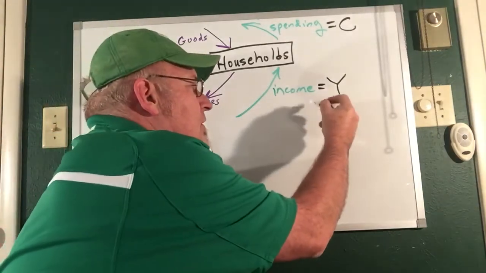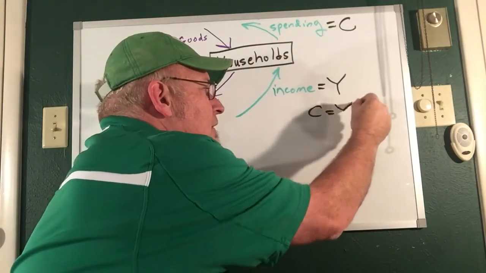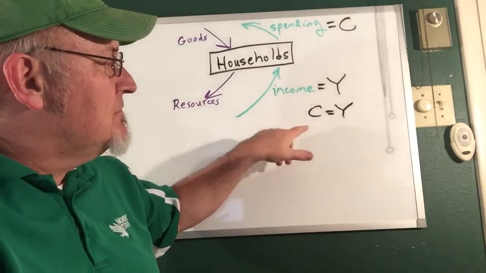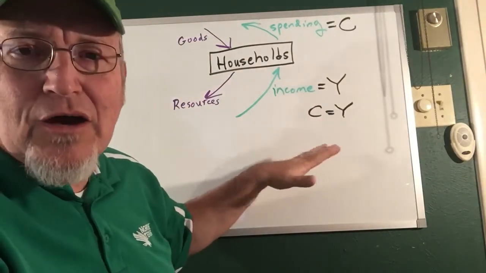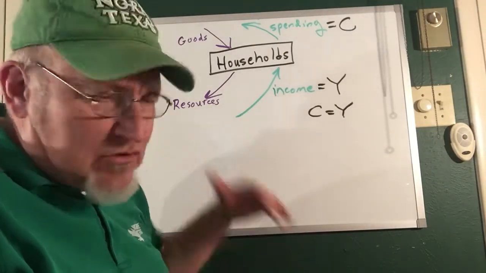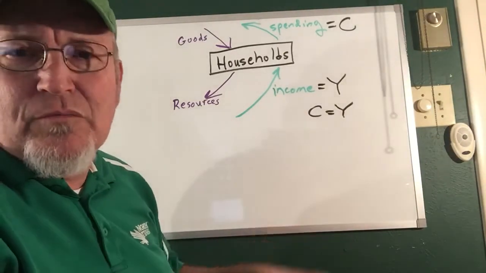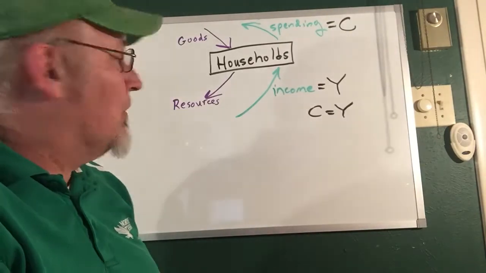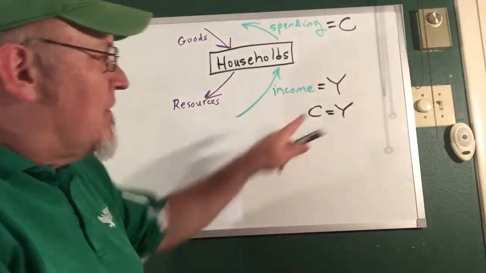So where your consumption equals your income is a break-even point and ultimately a starting point for building an equilibrium that we will talk about here now.